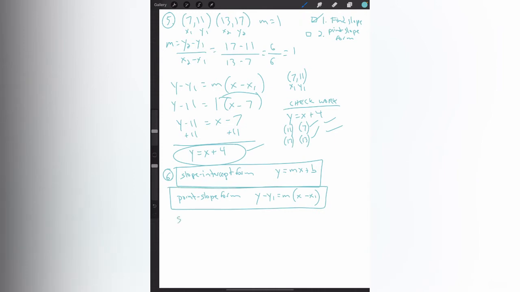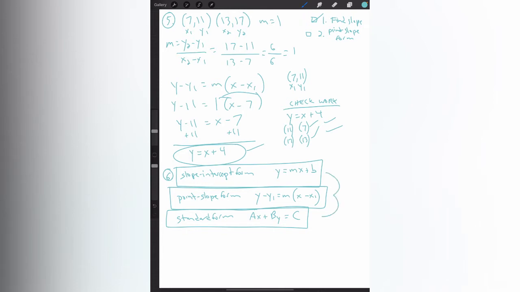And now, let's talk about standard form. And standard form is a times x plus b times y is equal to c. All right? And you can take an equation and put it in slope-intercept form, and then you can change it to point-slope form, and you can change it to standard form.